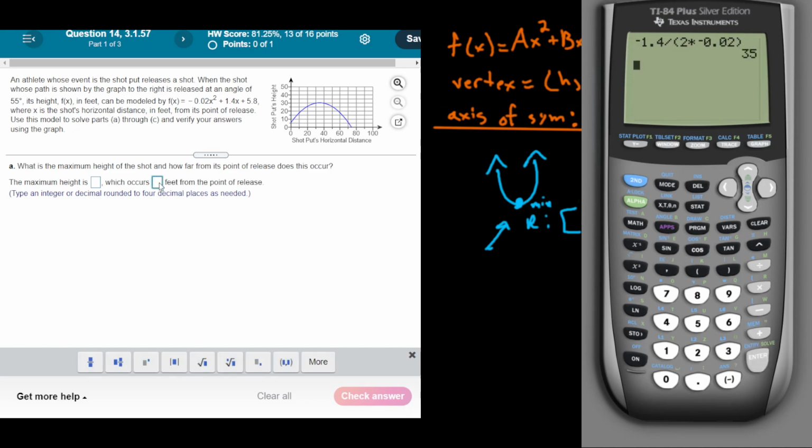This is where it occurs. So please do not put the maximum or minimum at 35. That's your x. That's your h. Now that we have our h, we plug that in to get our k. So let's go ahead and plug it into the function. We have negative 0.02. So let's change that into a 0.